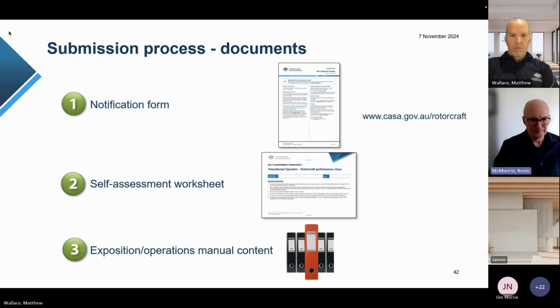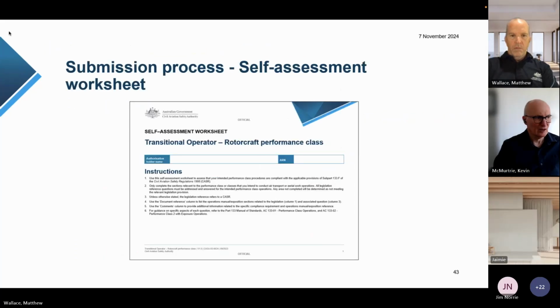Next slide. The self-assessment worksheet is for you to use as a checklist to assess that you have all of the required regulatory provisions for Performance Class 3 contained in your exposition or operations manual.